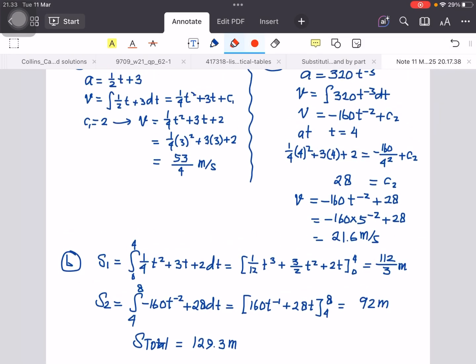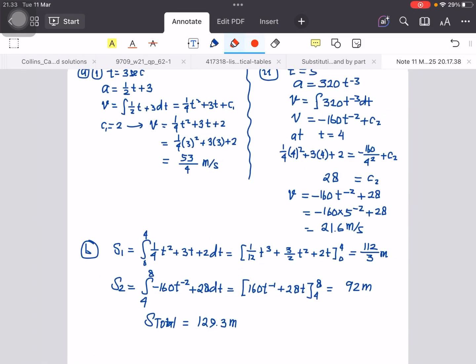As additional information, if you try to sketch the graph of v from 0 until 8, all parts of the graph will be above the horizontal axis. It means that the particle never changes direction.